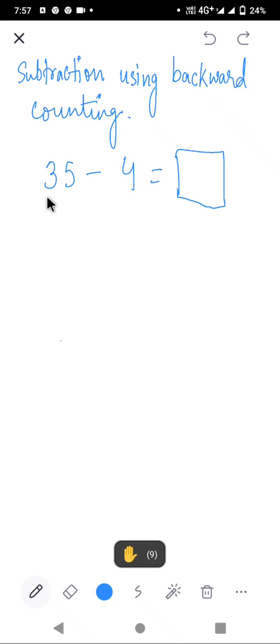The bigger number here is 35. In subtraction also we have to count backward from the bigger number. So how many times do we have to count back? 4 times. 35 is already there. We have to count 4 times backward.